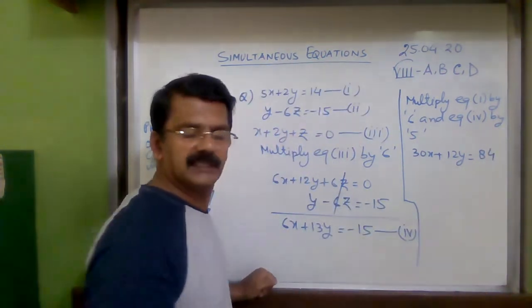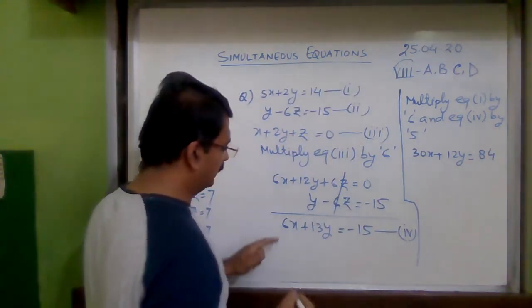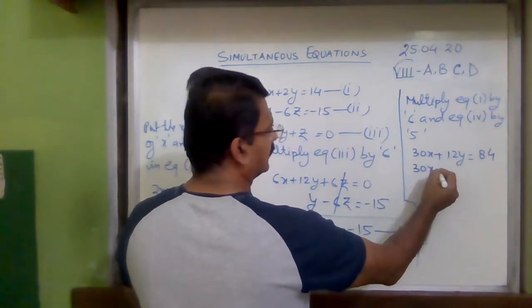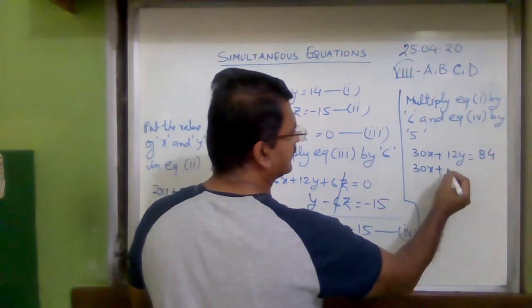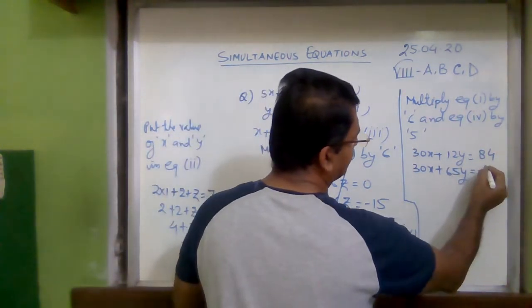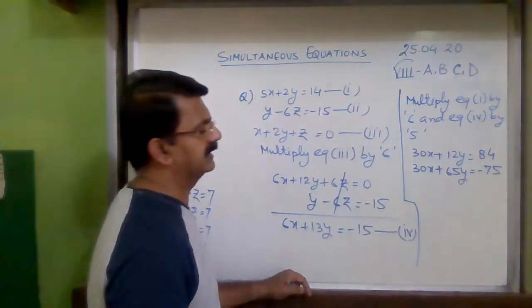Okay, clear? And you multiply this equation by 5, so 6 into 5, 30x plus 13 into 5 is 65y is equal to minus 75. 15 into 5 is minus 75.